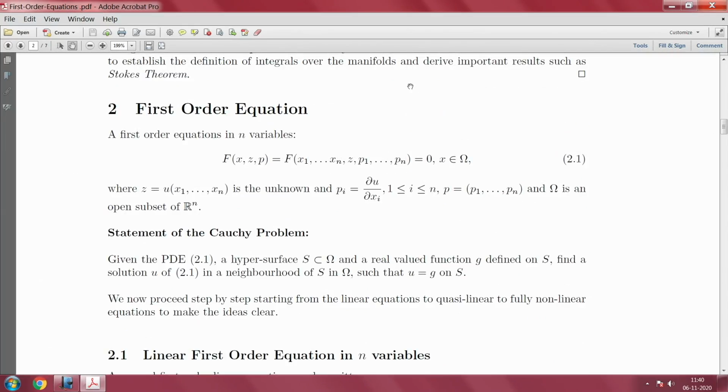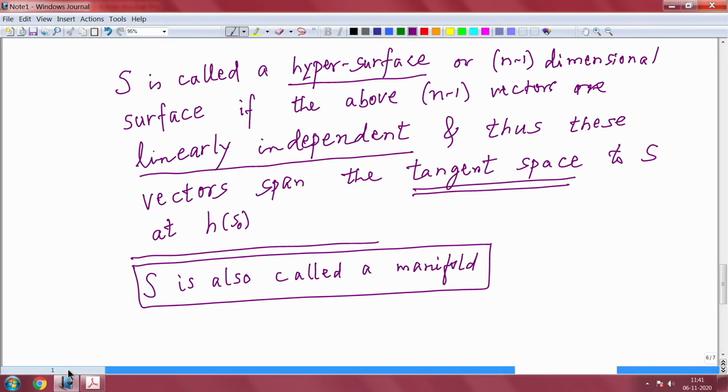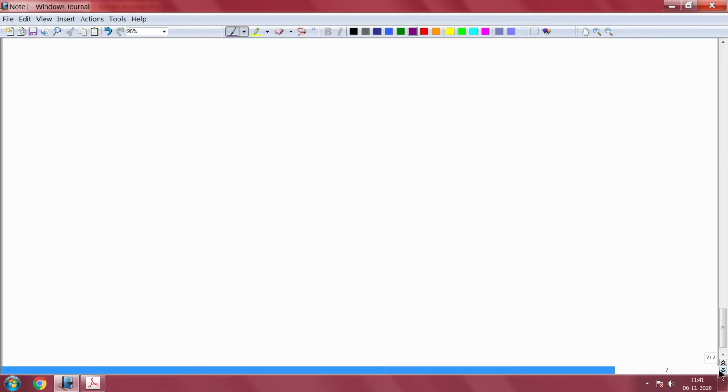So, the statement of the Cauchy problem.